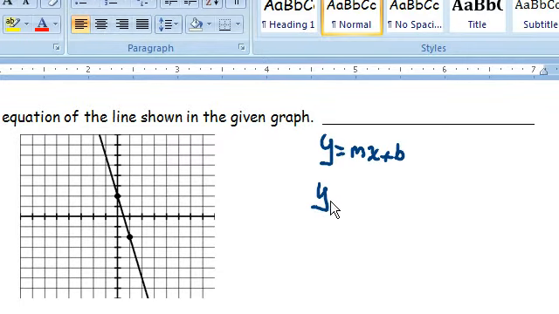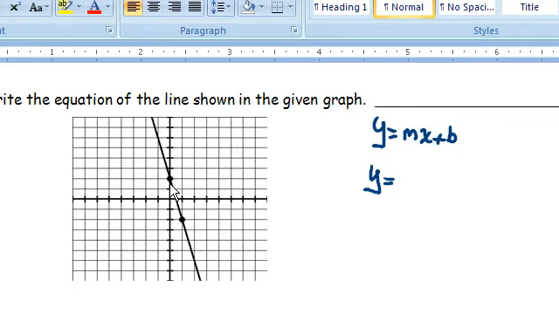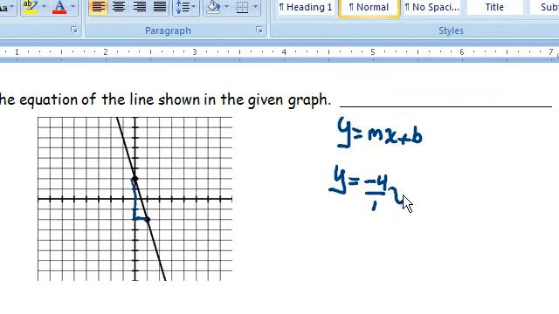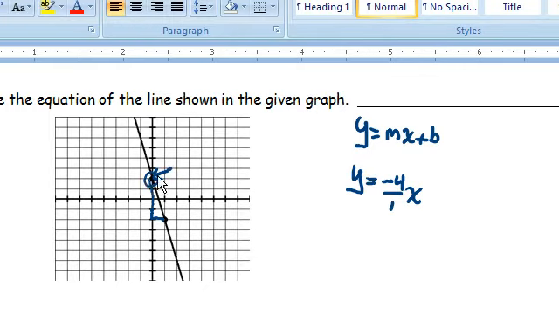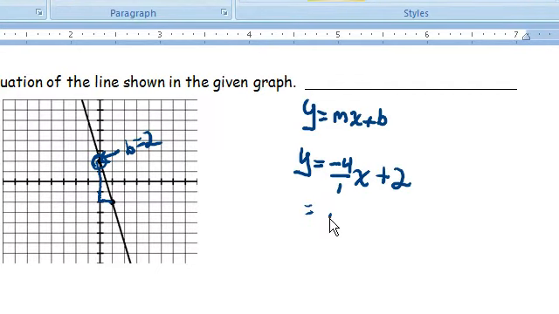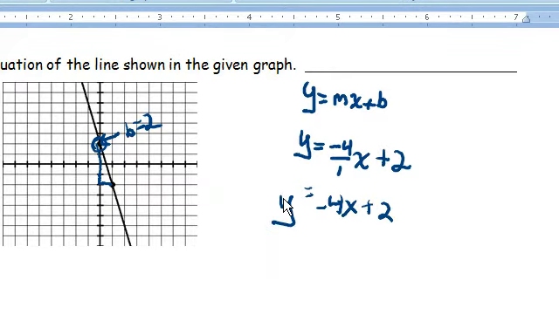And so y equals our slope, which is down 1, 2, 3, 4, then over 1, times x plus b, and b is right here, b equals positive 2. So this would be negative 4x plus 2. That equals y.